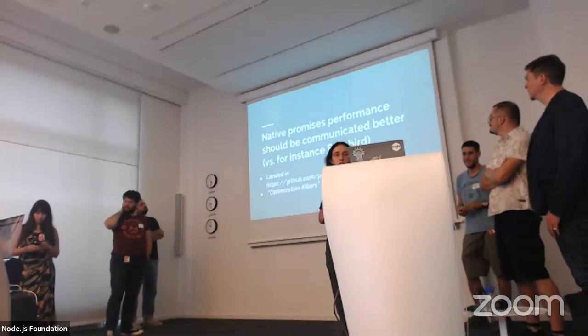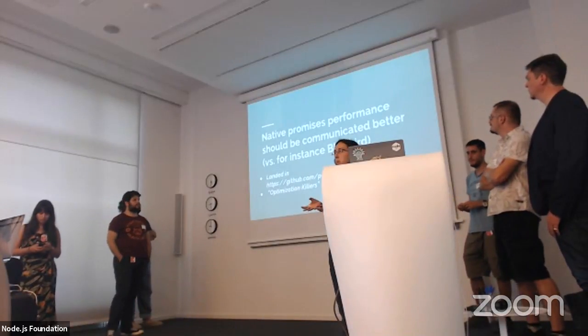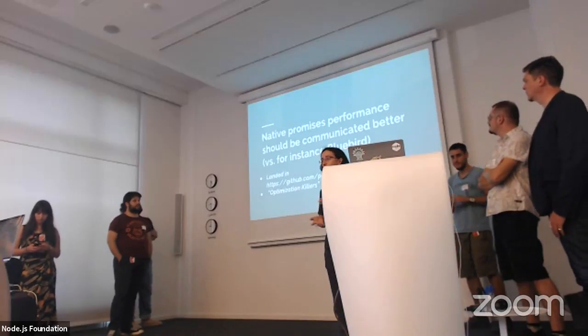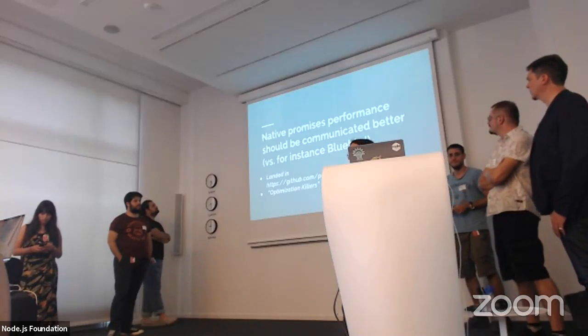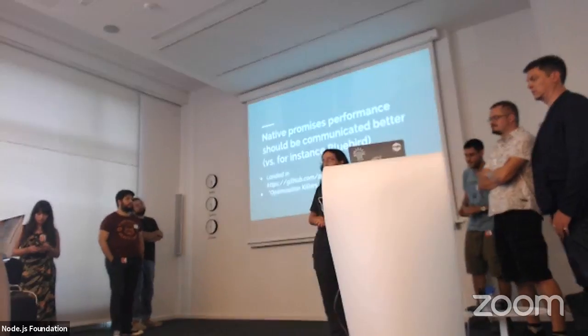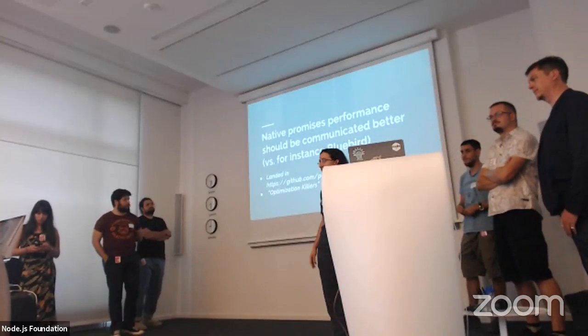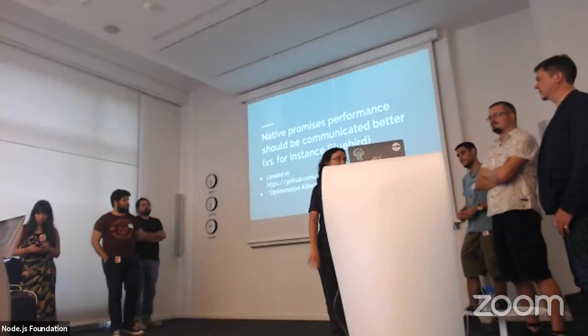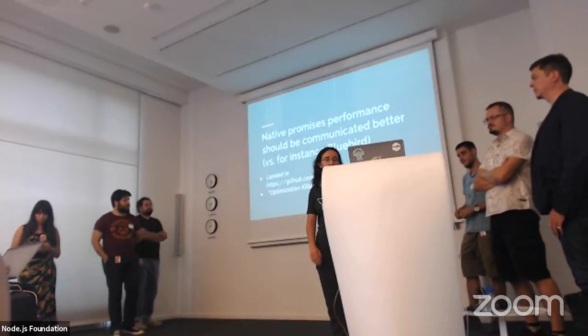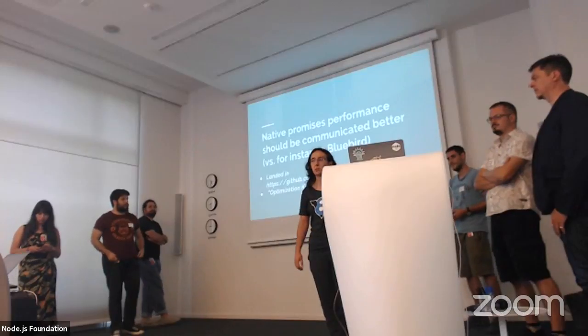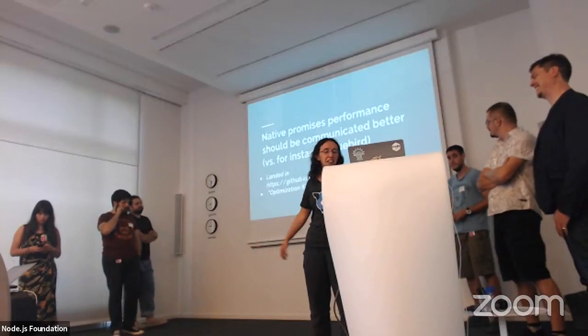And also the performance improvements in native promises should be communicated better, because currently the common understanding is that you should use Bluebird, and apparently this is no longer the truth. So we already updated some docs regarding this, Benjamin specifically.